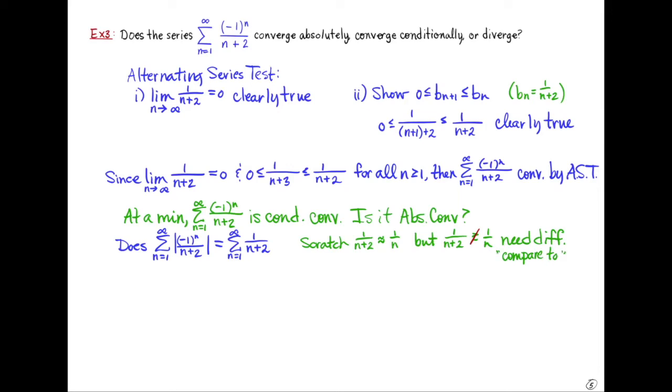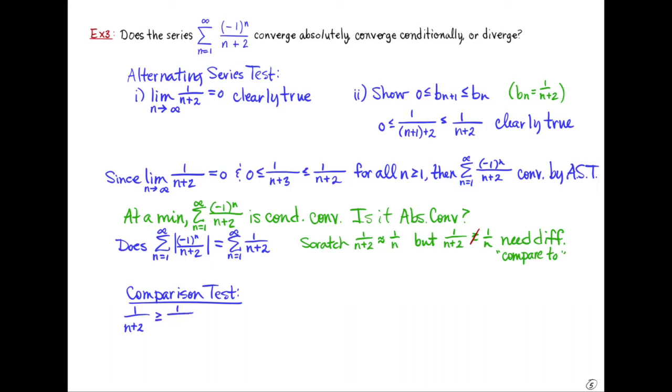To determine this, let's use what I called the finesse method from a lecture last week, which is just a really nice way of finding the appropriate compare to series when the sign, the plus or the minus, doesn't work in your favor. We start with 1 over n plus 2, and since we think this diverges, we know that we want it to be greater than or equal to.